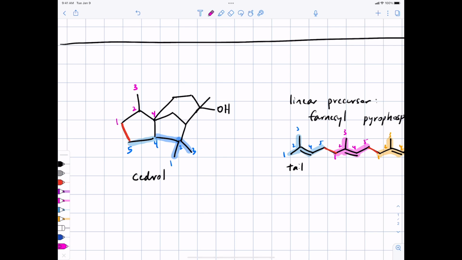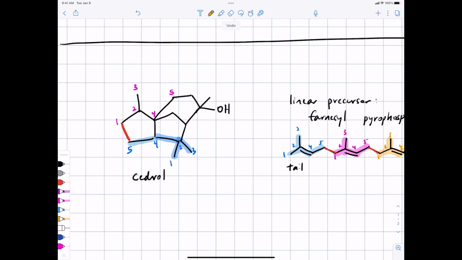This one would have to be 4. Here's where you got some flexibility. Which way should I go? Yeah, it works out either way, right? If I go here and call this 5, then this would be the bond between the two isoprene subunits, and I could go 1, 2, 3, 4, and 5. That works.